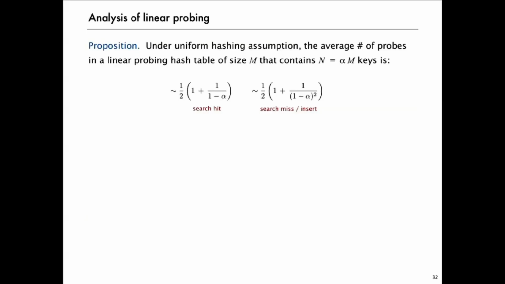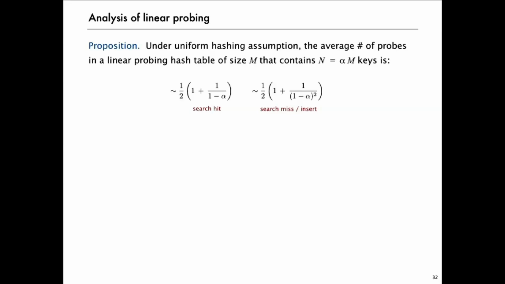What Knuth's theorem says is that under the uniform hashing assumption, the number of probes in a linear probing hash table of size m that is alpha full, so the number of keys is alpha times m, is for a search hit, half of 1 plus 1 over 1 minus alpha, and for a search miss, half of 1 plus 1 over 1 minus alpha squared.